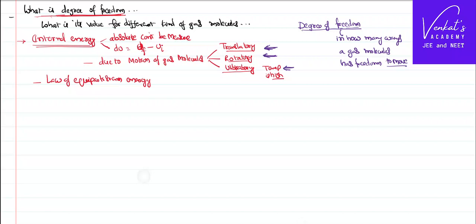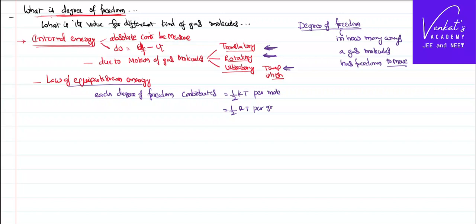But now I would like to say, according to the law of equipartition of energy, each degree of freedom contributes some internal energy to the gas molecule that is equal to half kT, where k is Boltzmann constant, per molecule, or half RT, where R is universal gas constant, and this is per mole.